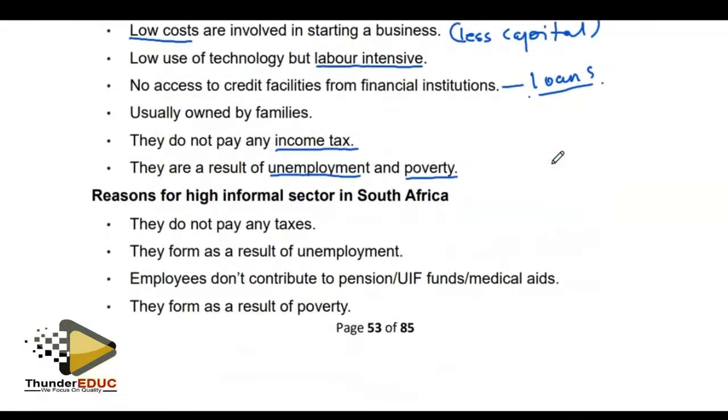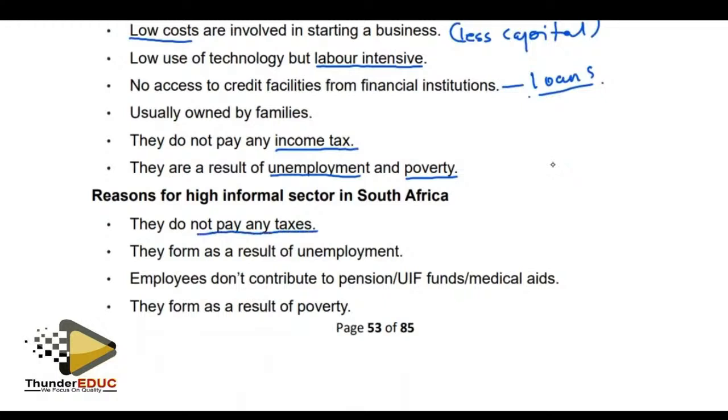Now we look at reasons for the high informal sector in South Africa. Why are many businesses in this informal sector? Or why do we have so many informal businesses in South Africa? Number one, they don't pay taxes.